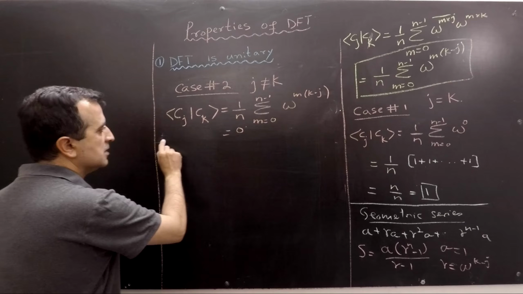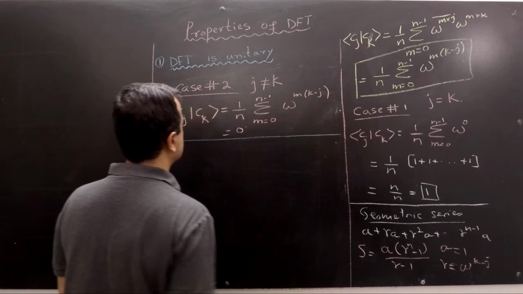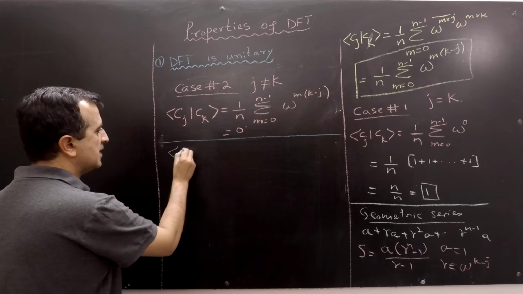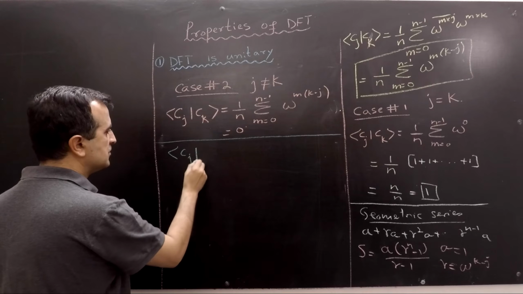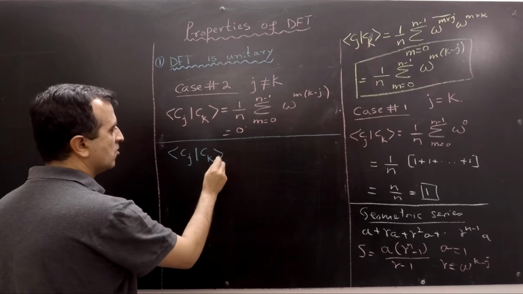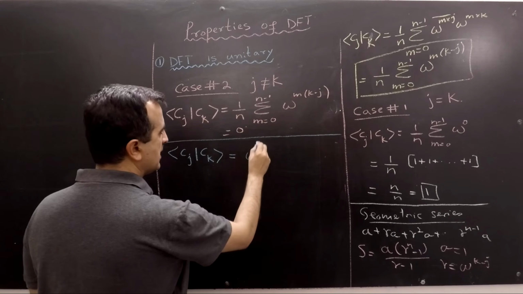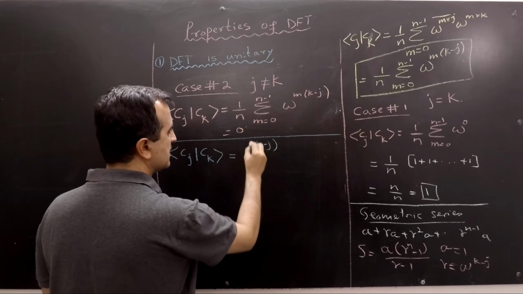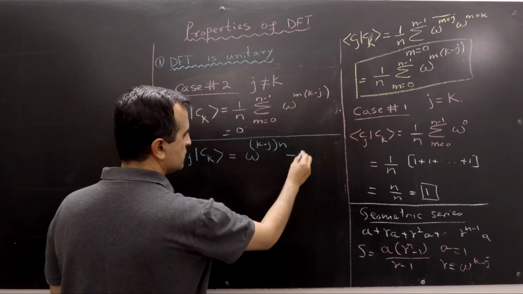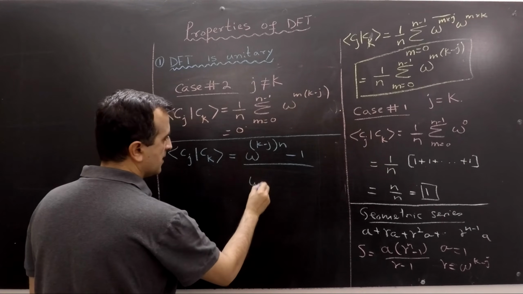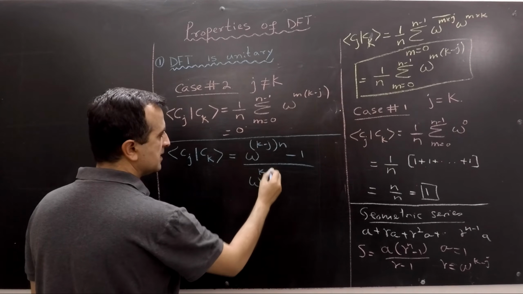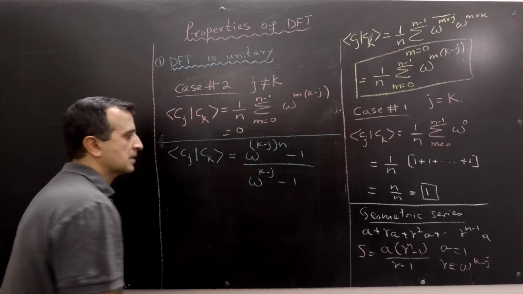So now, using the formula of geometric series, we compute that the dot product of the jth column and kth column will be equal to (omega^((k-j)n) - 1) divided by (omega^(k-j) - 1).